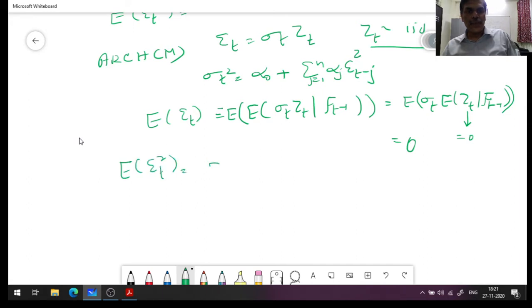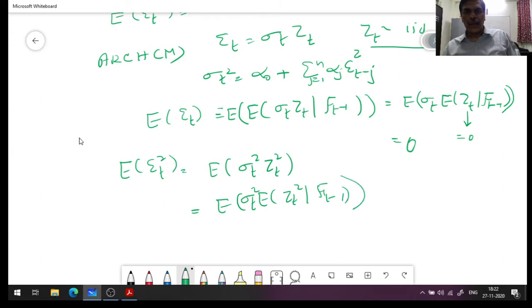The expected value of epsilon_t squared is the expected value of sigma_t squared z_t squared, which can be written as the expectation of sigma_t squared, which comes out, times z_t squared given F_{t-1}, and this is 1.